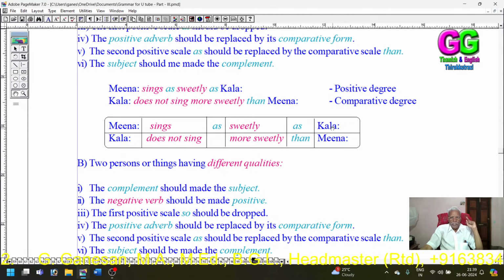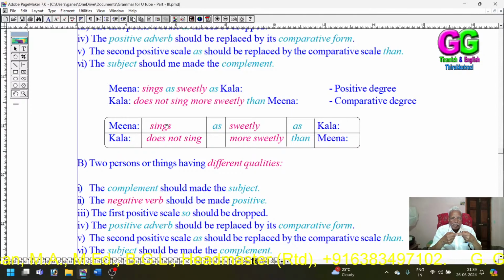See, first, the complement of the positive degree should be made the subject of the comparative. Secondly, the verb should be changed into negative. If the verb is in positive, it should be changed into negative.